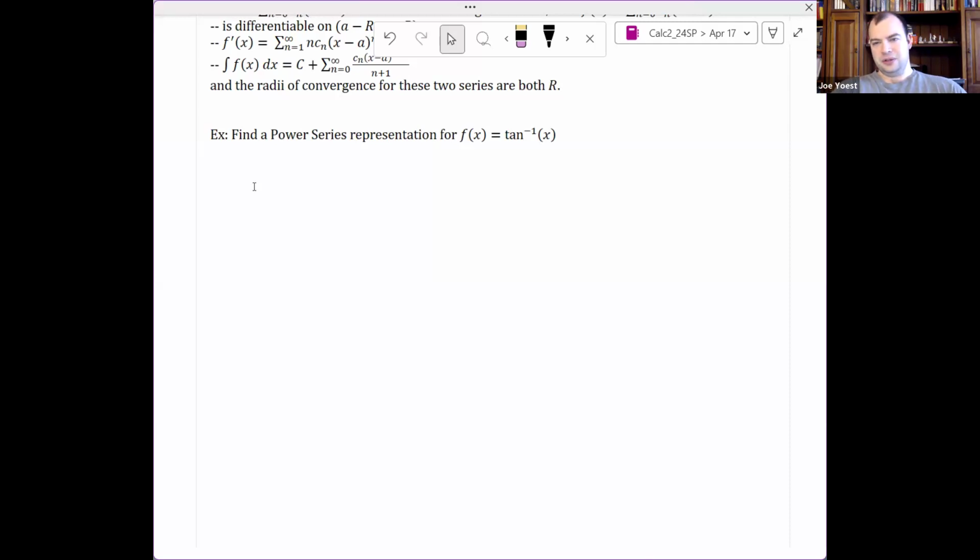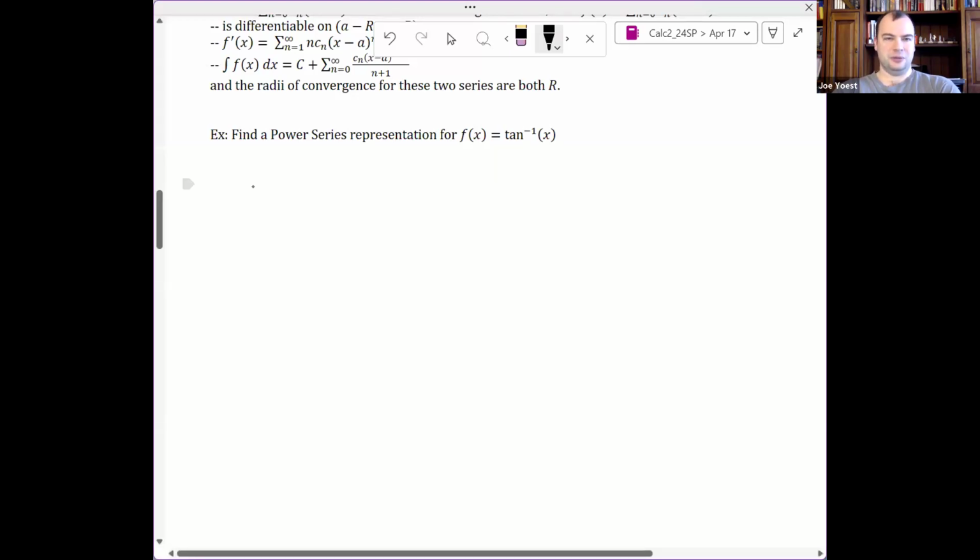But one thing that I do note is that arctan x is related to a rational expression, and that its derivative is a rational expression. The derivative of arctan x is 1 over 1 plus x squared. That does have a form that's like a geometric series, or that we can at least massage into a geometric series.